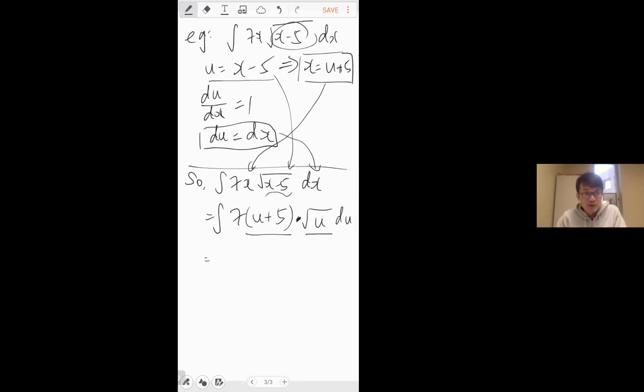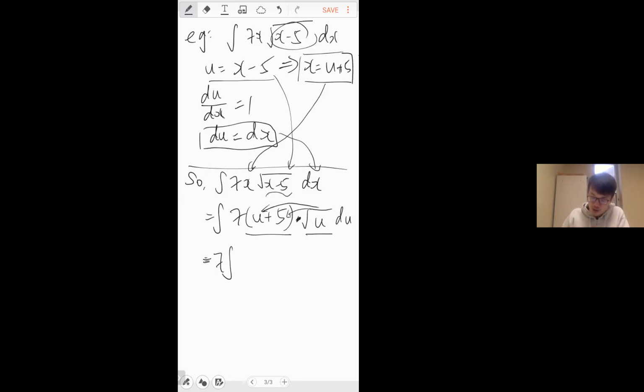You're going to find an antiderivative at some point, but before that, you need to multiply everything out. So I'm gonna put the 7 outside of the integral because it doesn't affect whatever is inside. And then multiply the square root of u by u and 5.